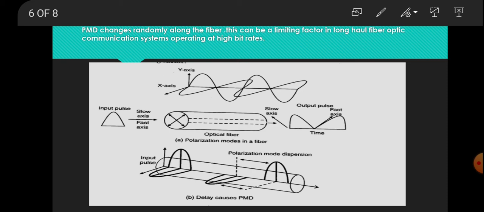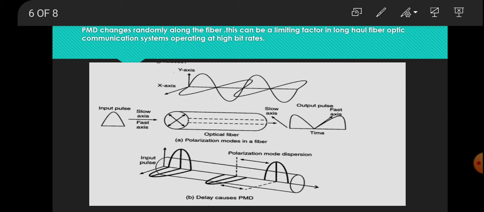And the third figure is also elaborating the same concept. In that case the input pulse is shown, and it shows that the input pulses are two orthogonal pulses. One represents the electric field and the other represents the magnetic field.